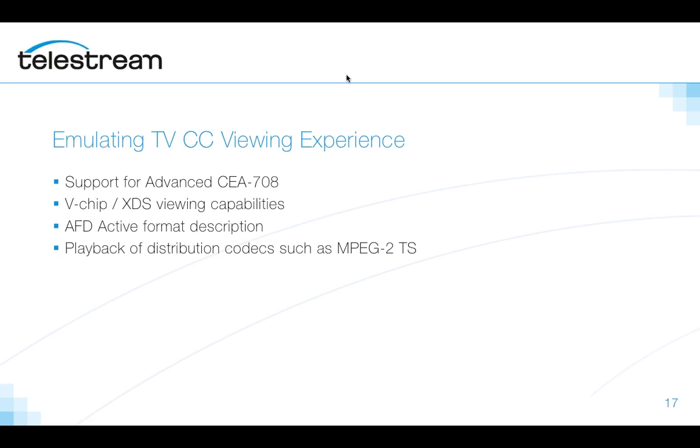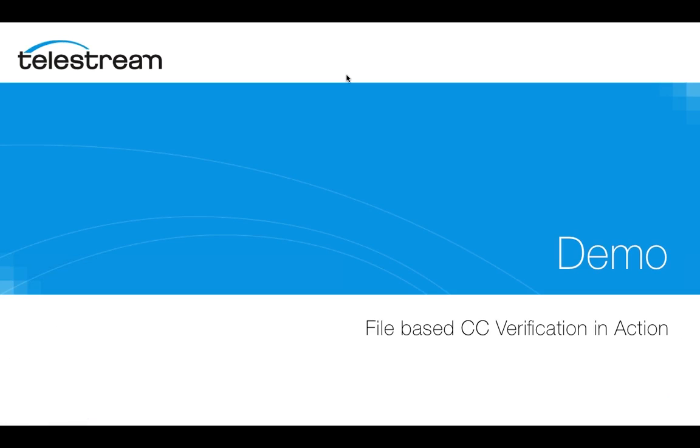You have to check that the VChip and XDS are working, and the active format description. You also have to check for specific codec quality, such as MPEG-2 transport stream. That's exactly what you're going to air, so it's good that you check the actual final transcode before you air it. And make sure that you can select the other languages, just like people at home can do with their remote control. So these are really important things.